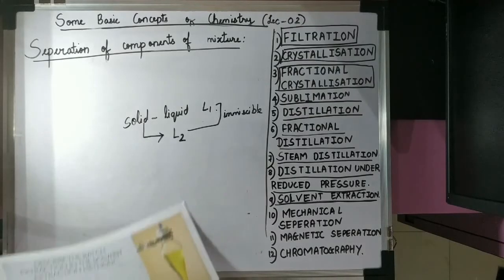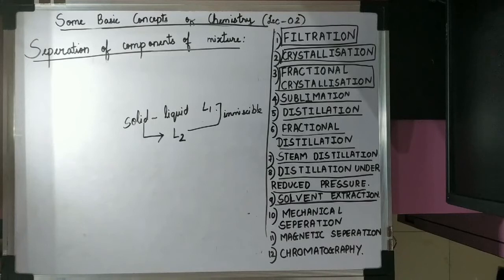Now the other technique that is used is mechanical separation. What are we doing in mechanical separation? In mechanical separation, two immiscible liquids can be separated with the help of a separating funnel. Initially, in filtration we had an immiscible solid and a liquid. Now in mechanical separation we have two immiscible liquids.